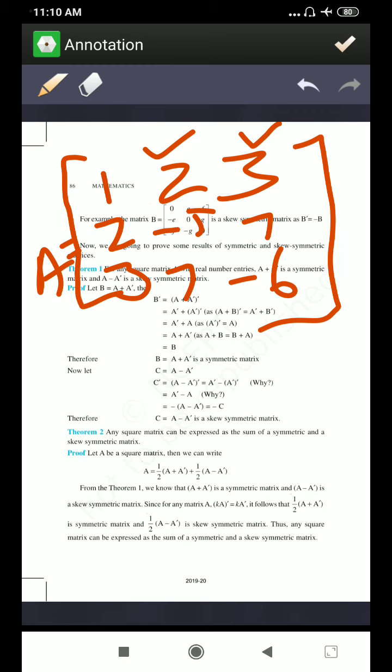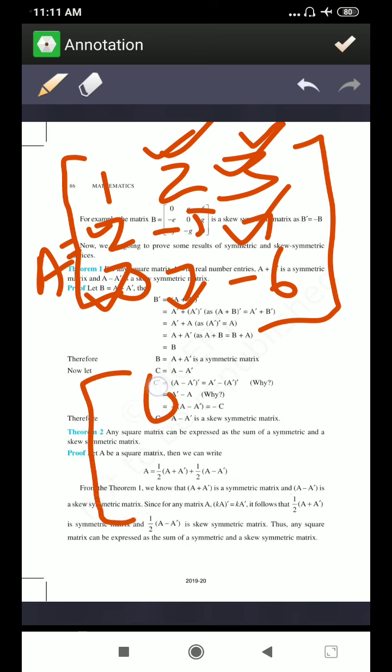So in a symmetric matrix, the essential condition is Aij is equal to Aji, meaning A21 is A12, A31 is A13, A23 is A32, and diagonal elements can have any value. Suppose you want to prepare a skew symmetric matrix, so what will I do? First of all, I will put 0 as the diagonal elements.